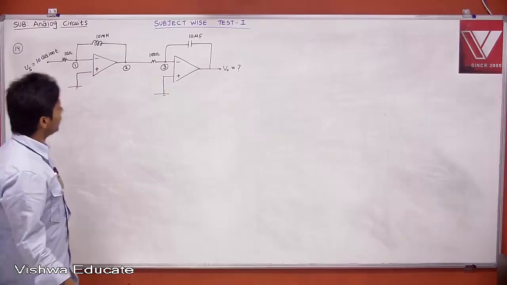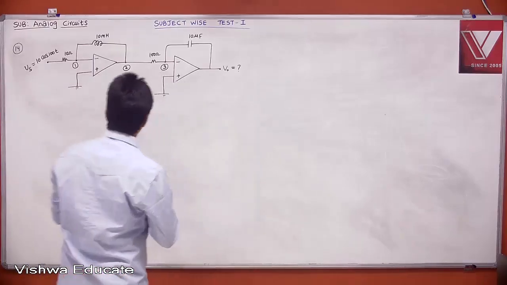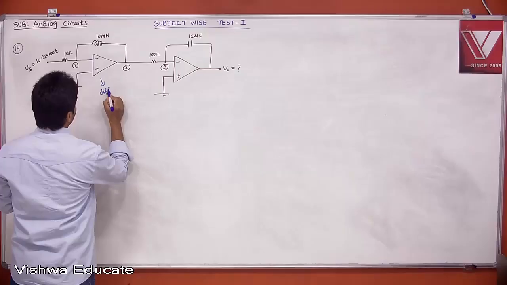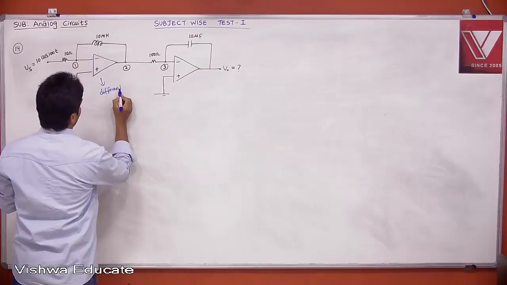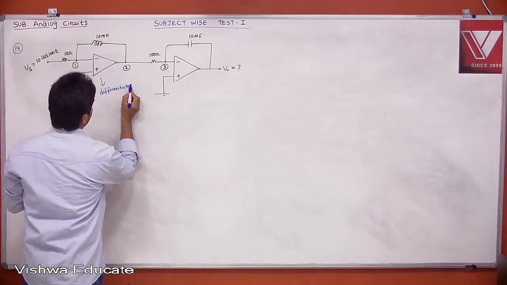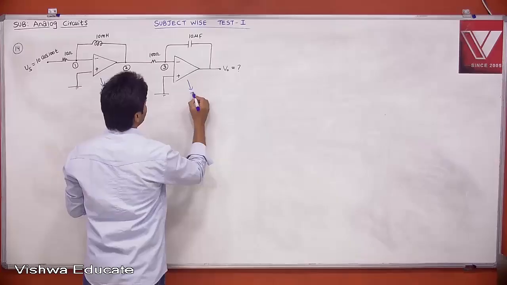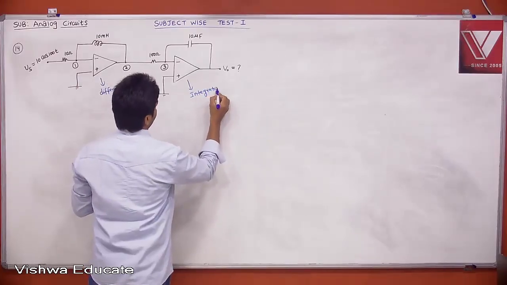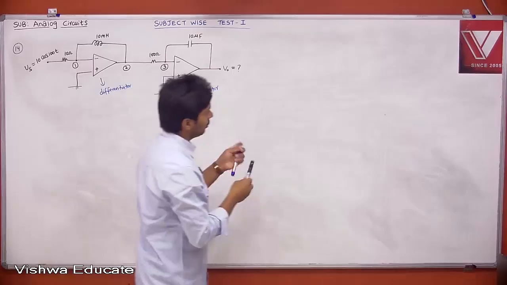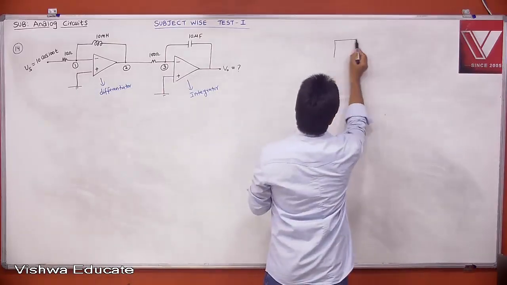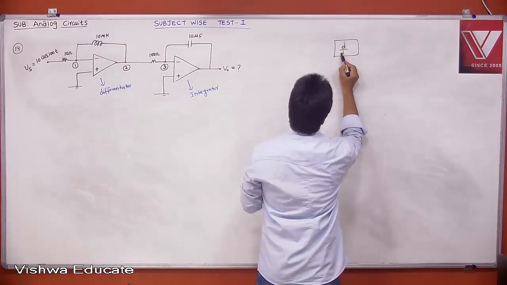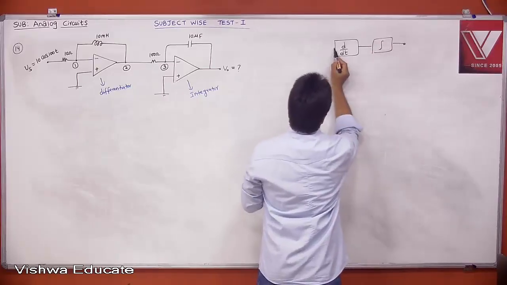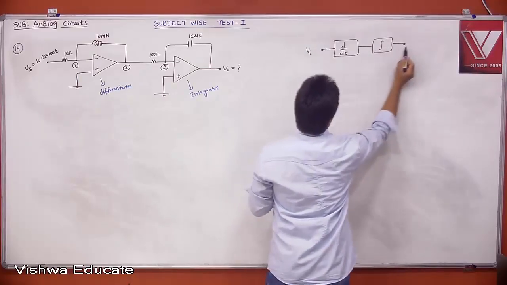Therefore, V0 will be equal to Vs only, because this is your differentiator and this is your integrator. If you take two blocks, one is differentiation d by dt and another is integration, then this is your Vi, then V0.